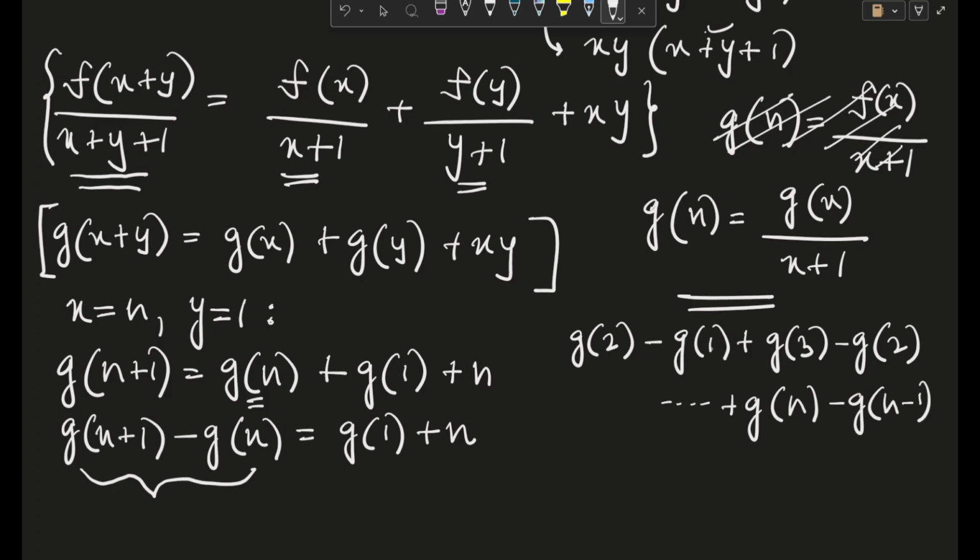If you observe here, g of 2 will get cancelled, g of 1 will remain intact, g of 3 will get cancelled, and at the last g of (n minus 1) will get cancelled. So we get g of n minus g of 1.